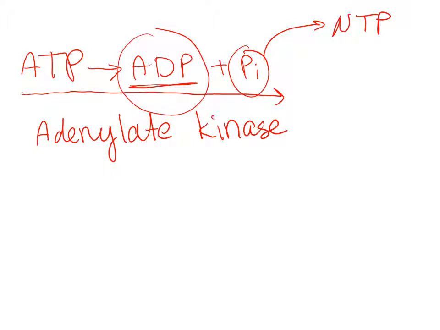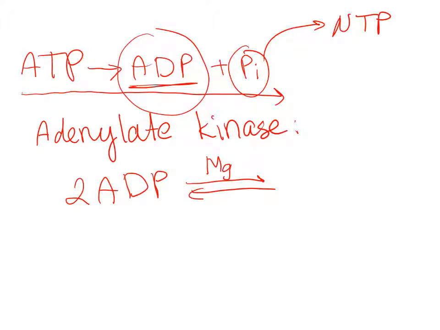Now, what's adenylate kinase? What does it do? Well, it basically takes two ADPs in the presence of, of course, magnesium, and it generates an ATP and adenosine monophosphate.